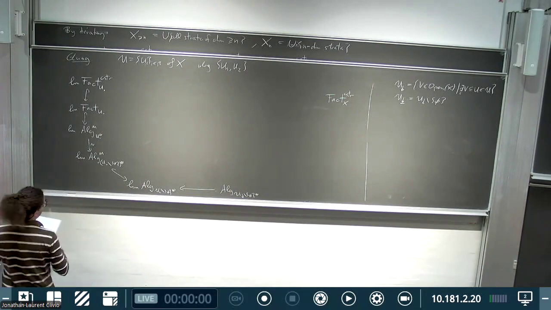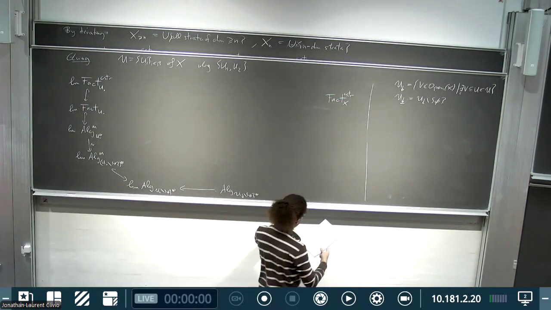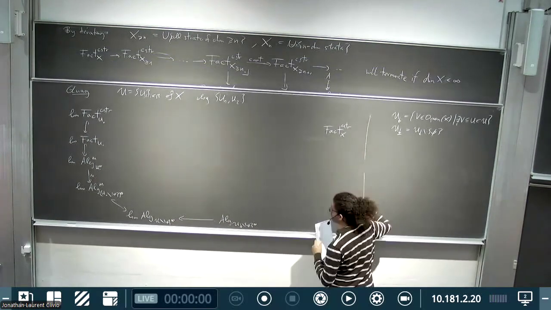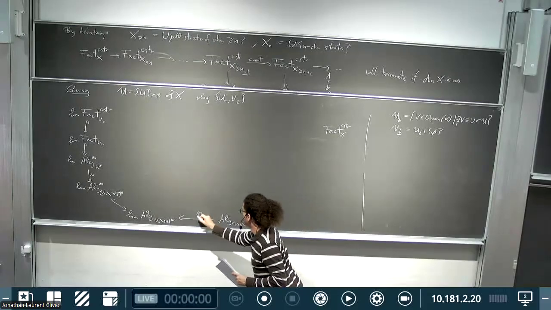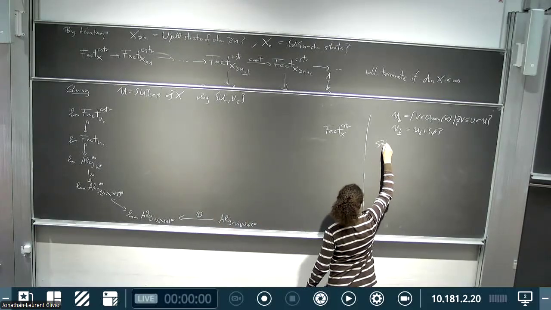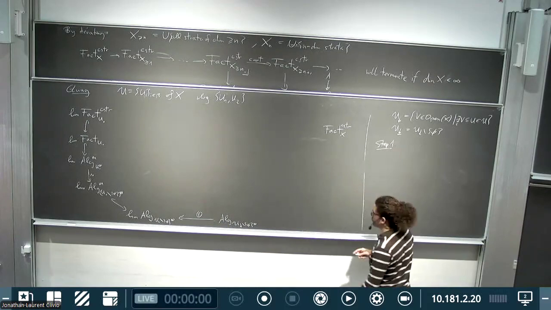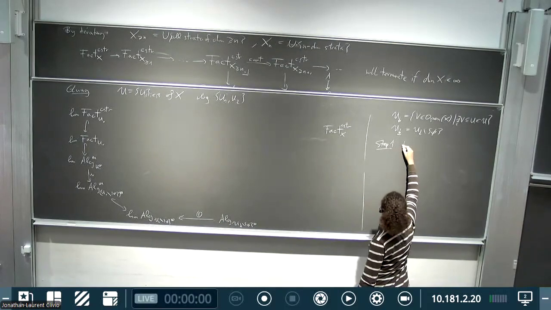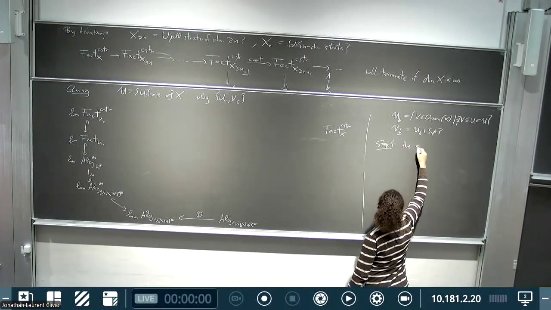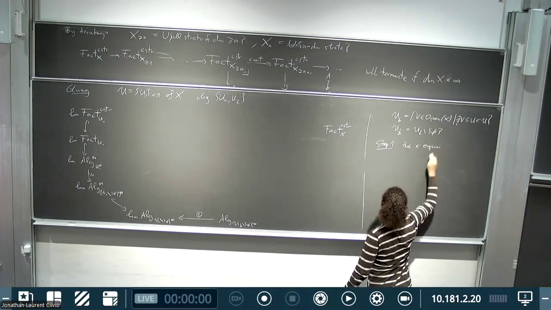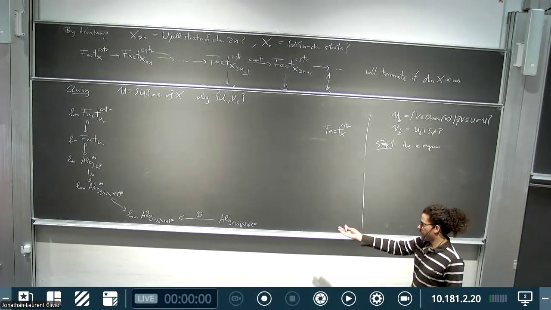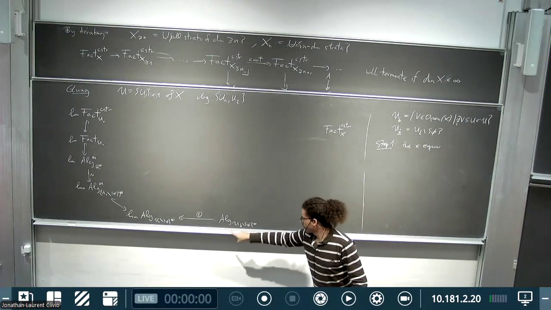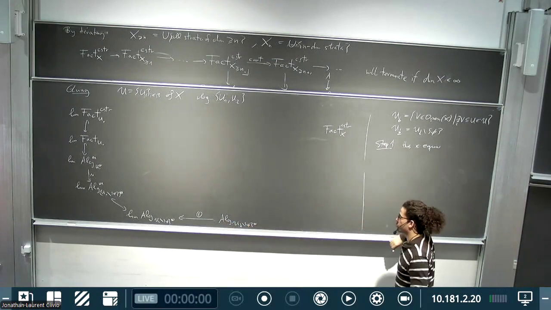And so step one is to show that this is an equivalence. And in fact, we even show very directly that these operads, of which we're taking algebras here, are just colimits.